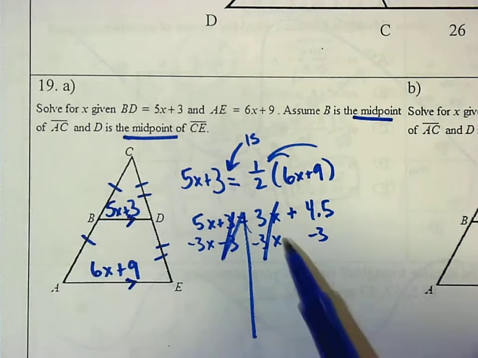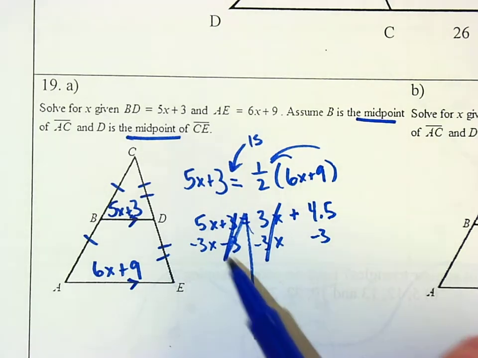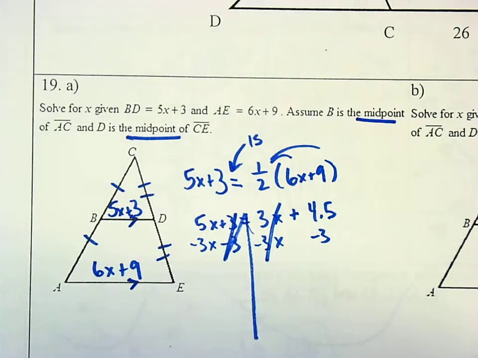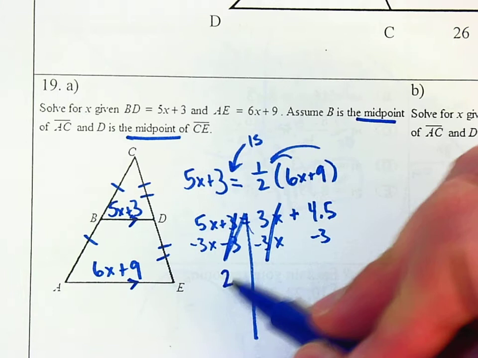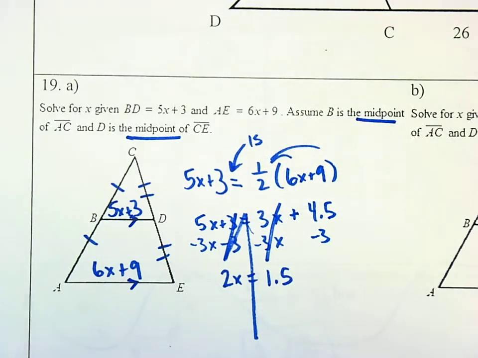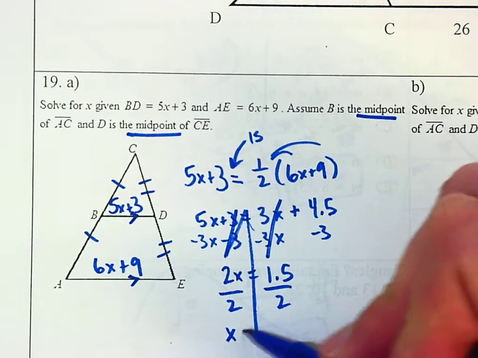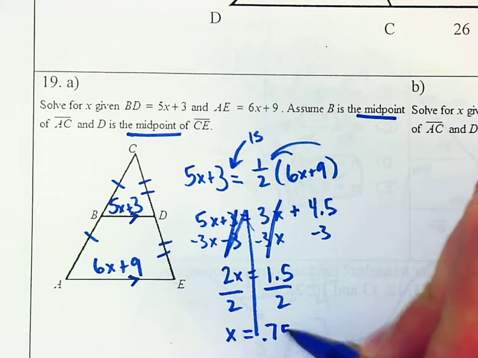That moves all of my x terms to one side, and all of my integer terms to the other. We get 2x equals 1.5. And when we divide by 2, we get x equals 0.75.